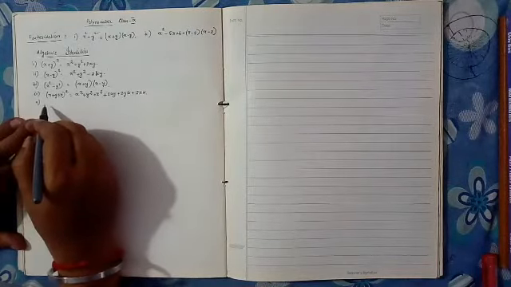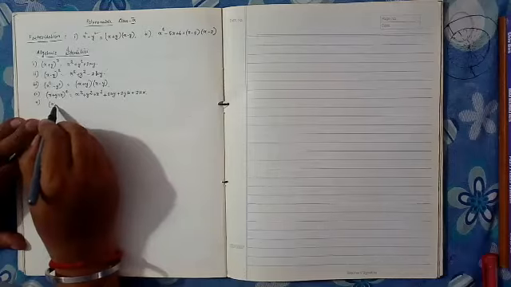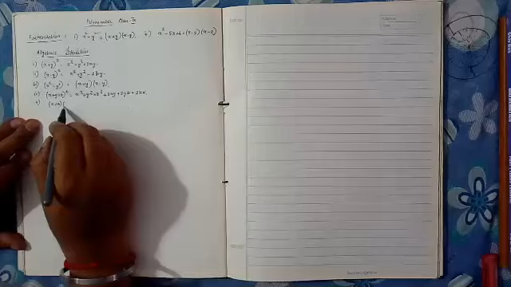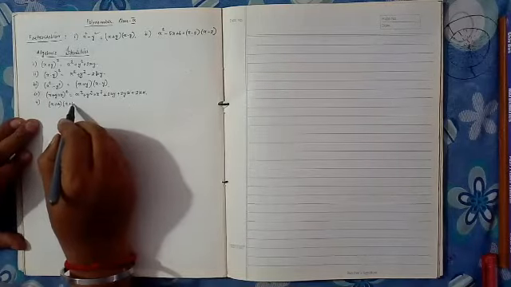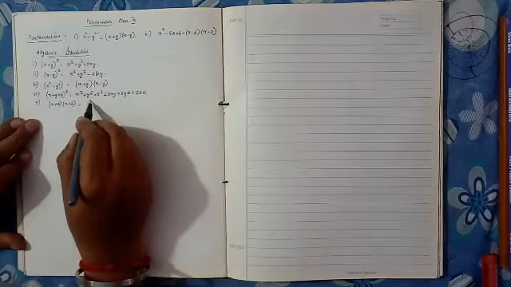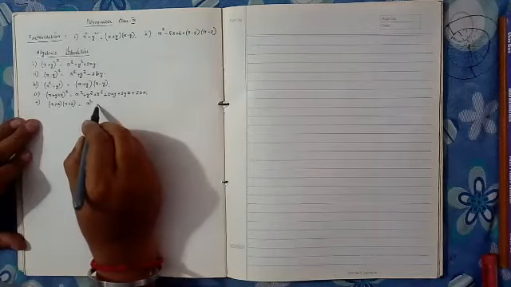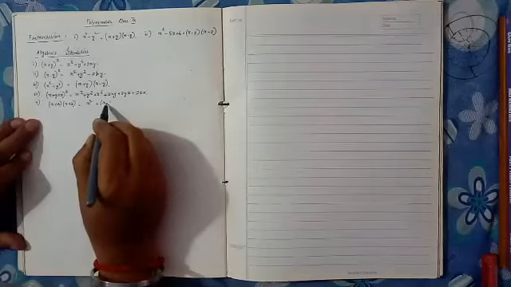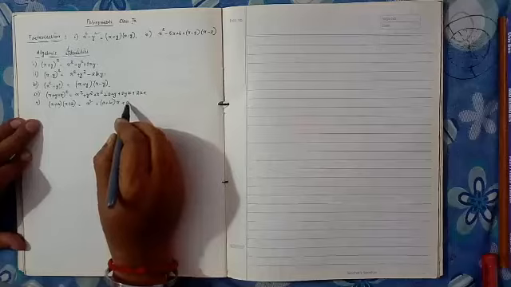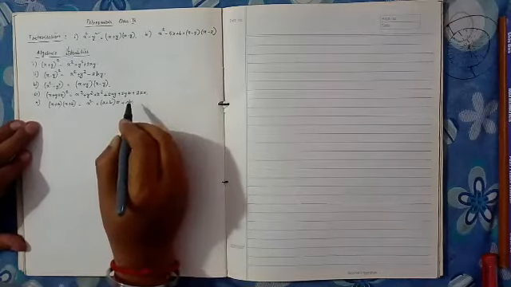Number 5, x plus a into x plus b is equal to x square plus a plus b into x plus ab.